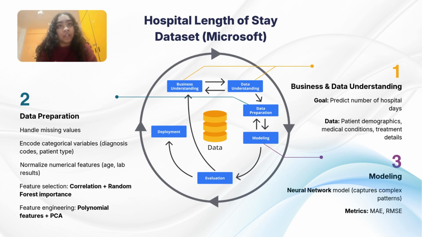We applied correlation analysis and random forest feature importance to determine which features have the strongest relationship with the target. Because this dataset contains complex patterns, we used a feed forward neural network to model it. The model performance was evaluated using metrics such as mean absolute error (MAE) and root mean square error (RMSE).